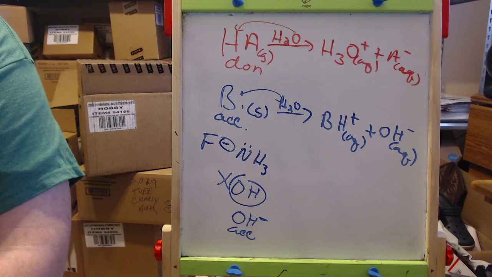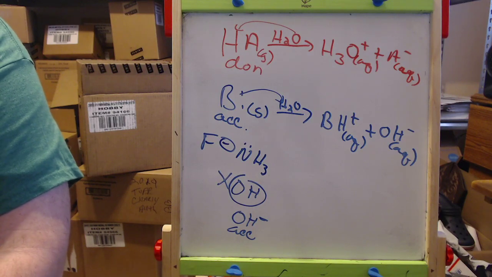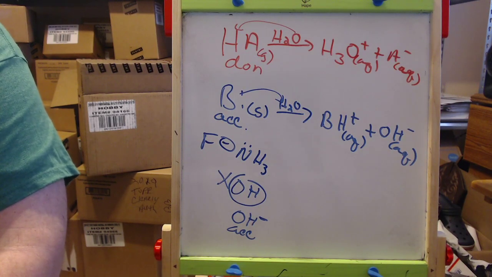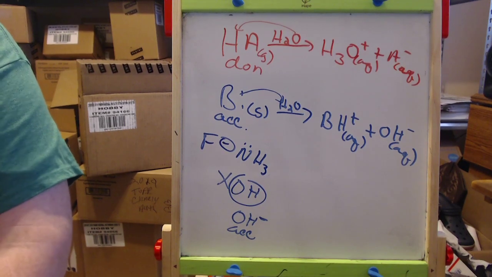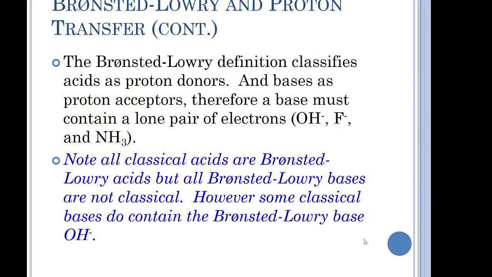All Bronsted-Lowry bases, or I should say all classical bases, let me correct that, are Bronsted-Lowry because they have the OH that could accept a proton. But all Bronsted-Lowry bases are not classical.